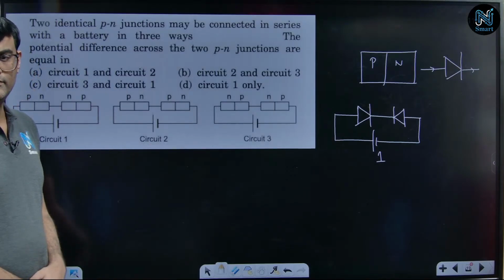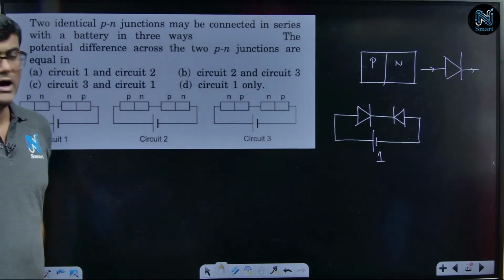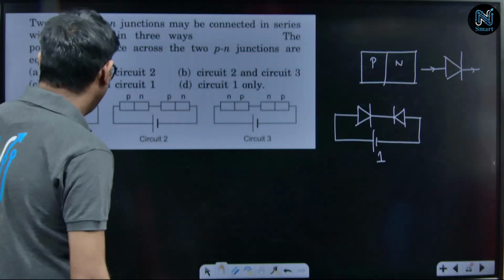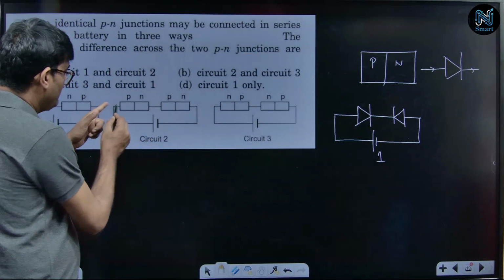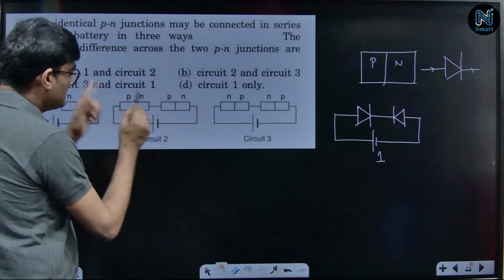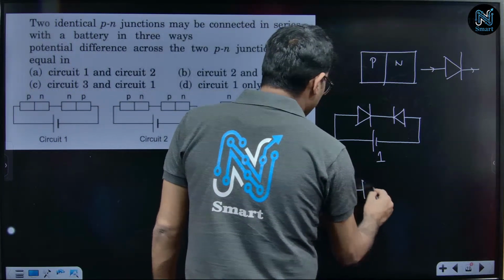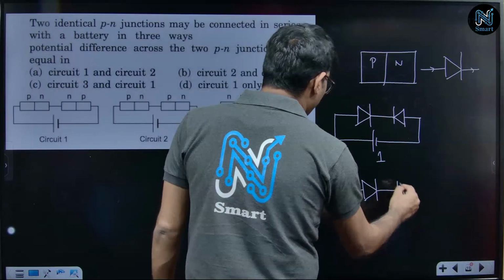In circuit 2, how do I represent circuit 2? Look, this P side is connected with positive and here the N side is connected with negative. So, in circuit 2, I can say that both are forward biased.